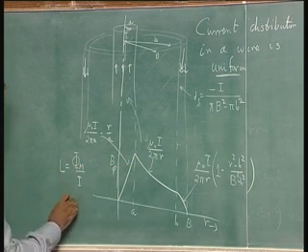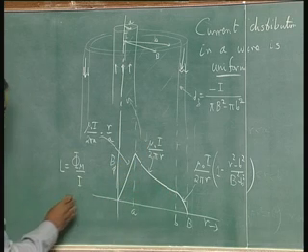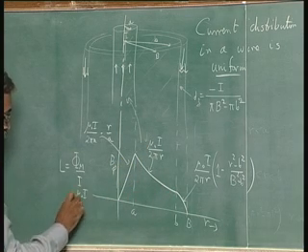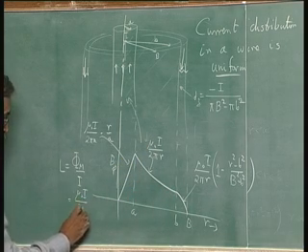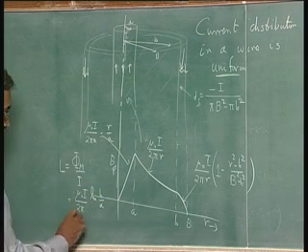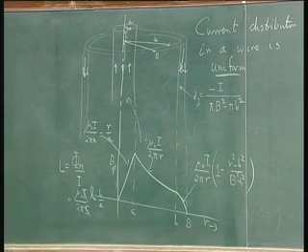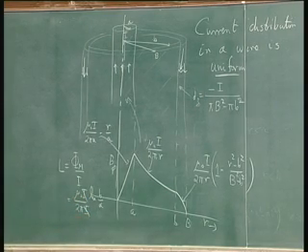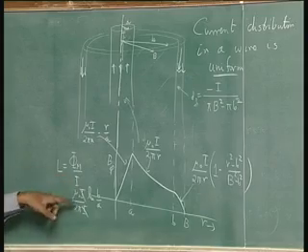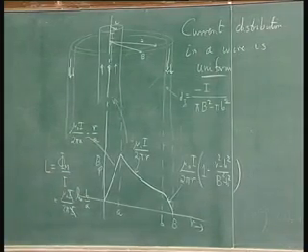Magnetic flux is equal to the integral of this along r, so mu naught I over 2 pi log b over a, divided by I. The I cancels and I got mu naught over 2 pi log b over a. If I take a distance L, then the factor of L also comes. This is what we had.